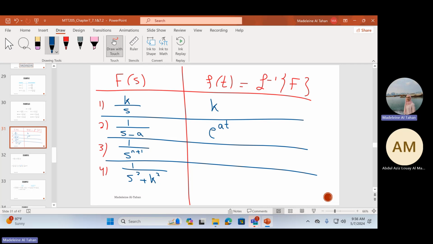Which one looks like this shape? t. Yes, t to the power n. And what's the Laplace of it? n factorial. So how can I get n factorial here? So what should I do here?